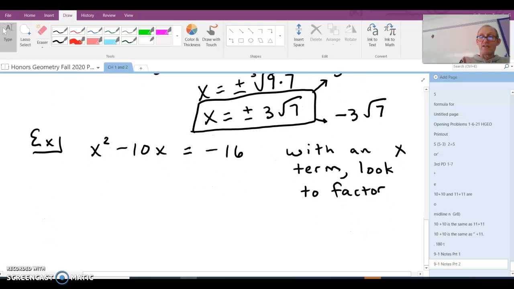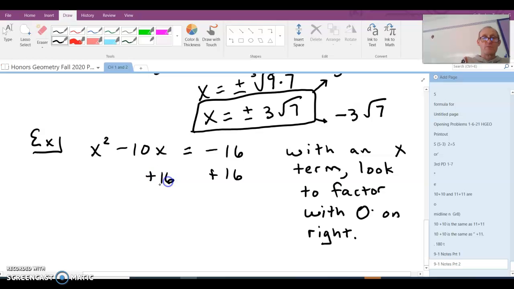So you want to look to factor with 0 on the right. So this 16 has to be brought over. x squared minus 10x plus 16 equals 0.